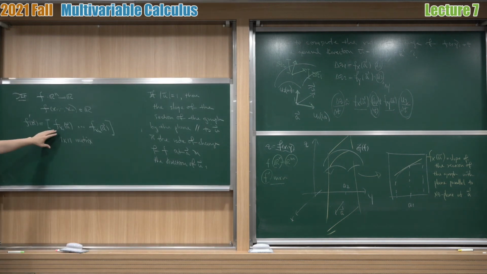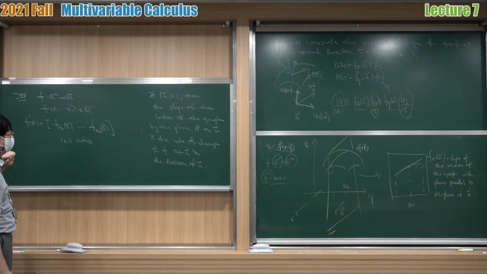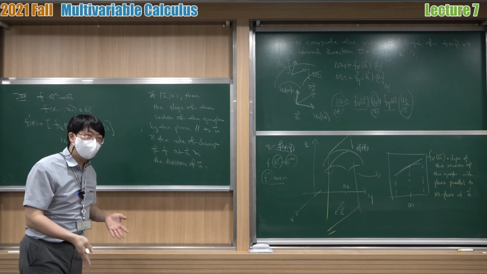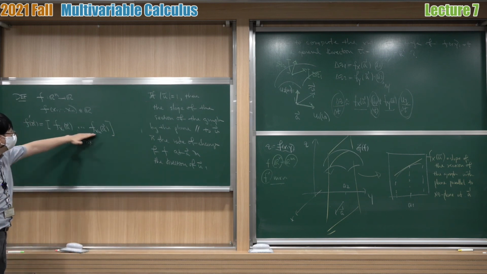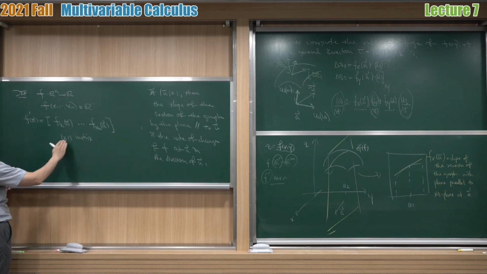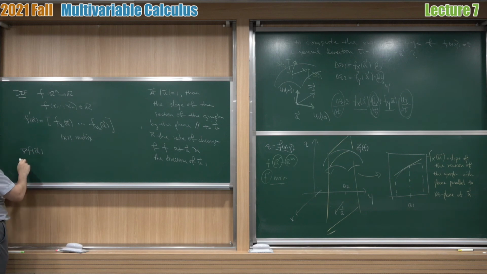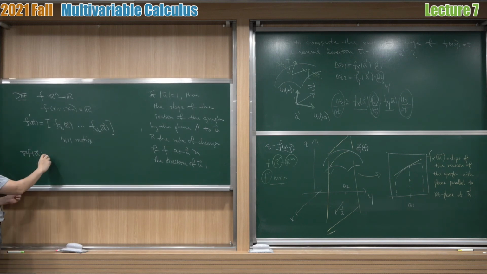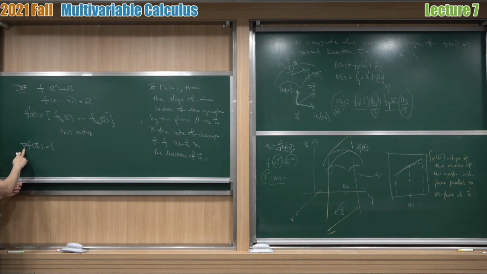However, you can consider this 1 by n matrix as if it's a vector again. It has one row, and usually we take a vector as a column matrix, but this matrix can be taken as an n-dimensional vector. So we take a different symbol and name for that kind of vector, called the gradient, with the notation nabla.